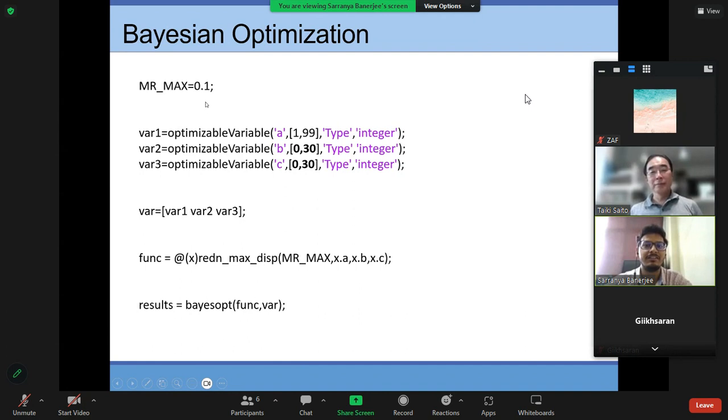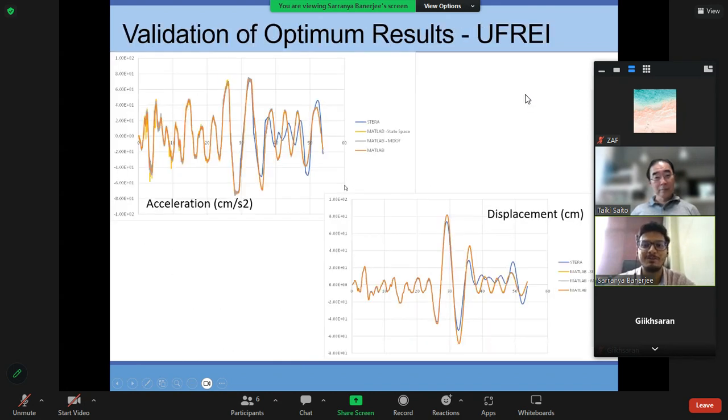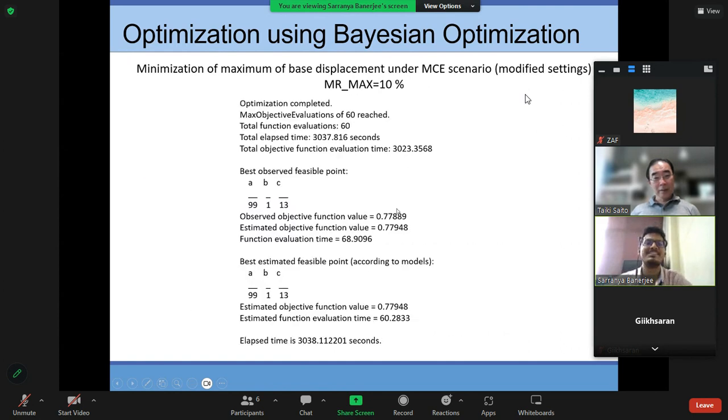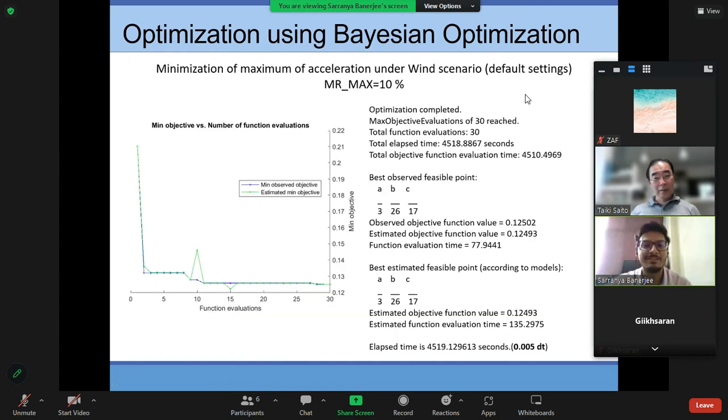So I will work on that part, and if I complete that part, then I think this work is okay for one journal paper maybe. So this was all the results that I have got so far, and now I am working on the further part. Okay. Yeah. Very good.